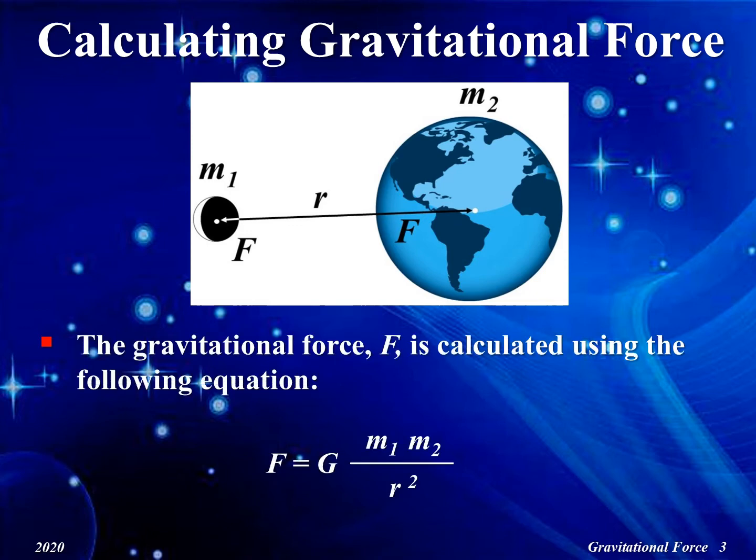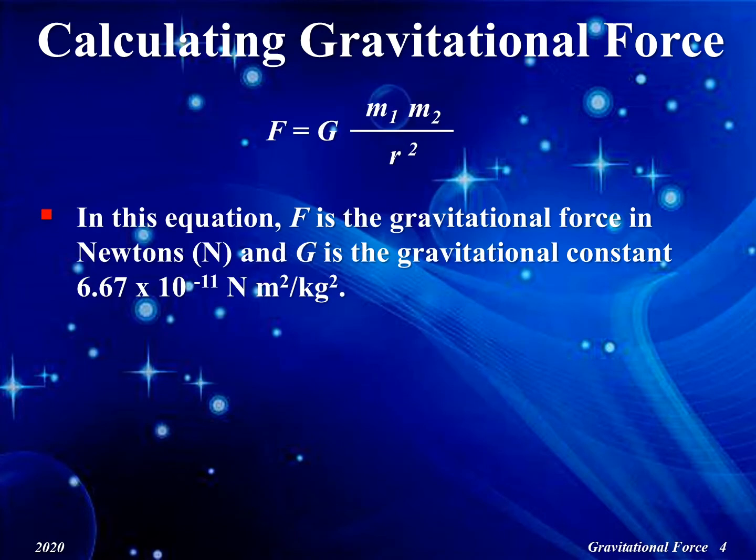The gravitational force, F, is calculated using the following equation. F equals G times the product of the two masses, m1 and m2, divided by the radius, r squared. In the equation above, F is the gravitational force in newtons, designated by capital N, while capital G is the gravitational constant.